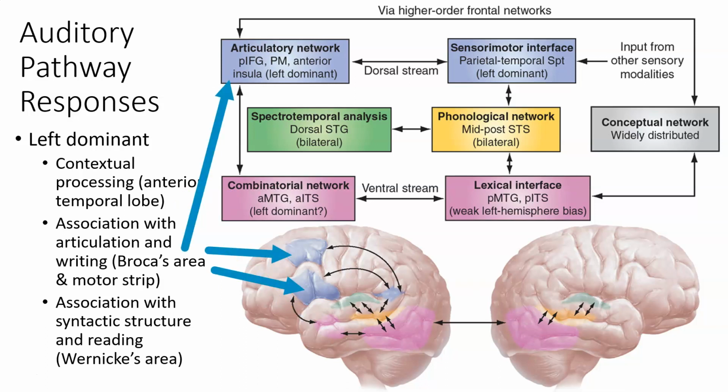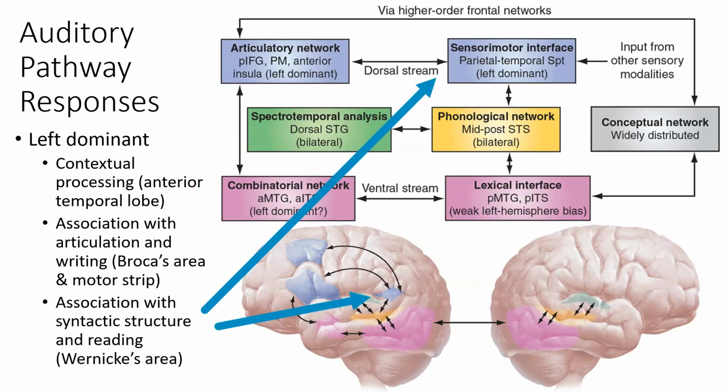We have automatic association of the sounds we hear with articulation, how we would say the sounds, and with the literacy system, and on the production side, that would be the writing side of things, in Broca's area and in the motor strip. We also have association of these sounds with higher level structures in syntax and morphology, and also with our literacy areas in terms of how we would read these things in Wernicke's area.